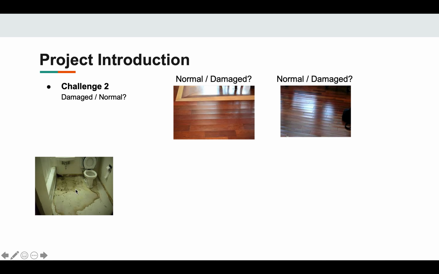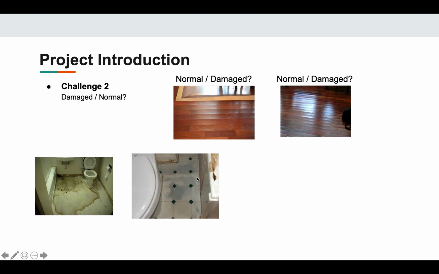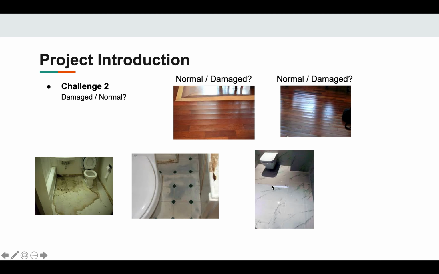For this one, obviously this floor is damaged, and this floor is damaged. Somehow the machine will learn, okay, there is some kind of pattern on the floor, which means the floor is damaged. Then if the machine gets this knowledge, how about this one?